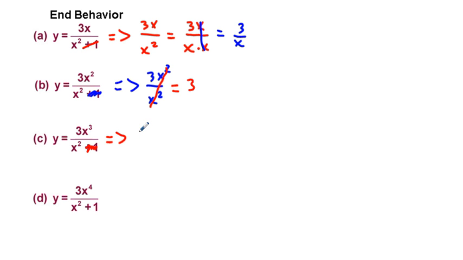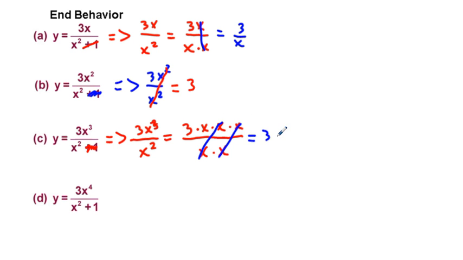We get 3x cubed over x squared. And what happens is that's going to be 3x times x times x over x times x. And so these x's cancel, and so we're left with 3x.